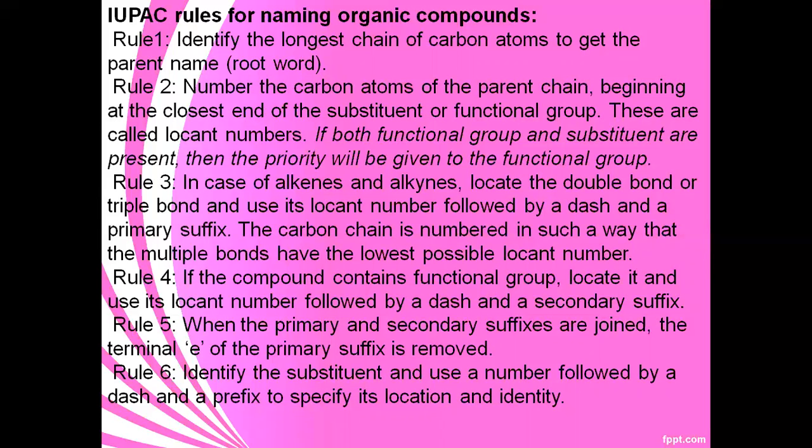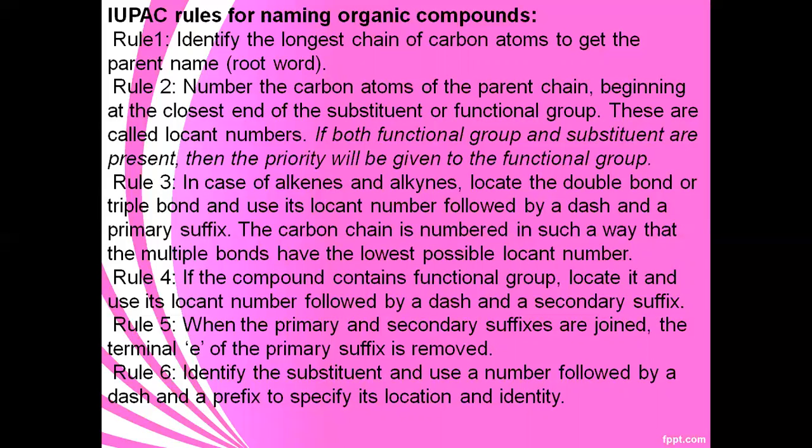When primary and secondary suffix are combined, the E of the primary suffix is removed. Okay. So rule number 6: identify the substituent and use a number followed by a dash and a prefix to specify its location and identity. So these are the IUPAC rules for naming organic compounds.